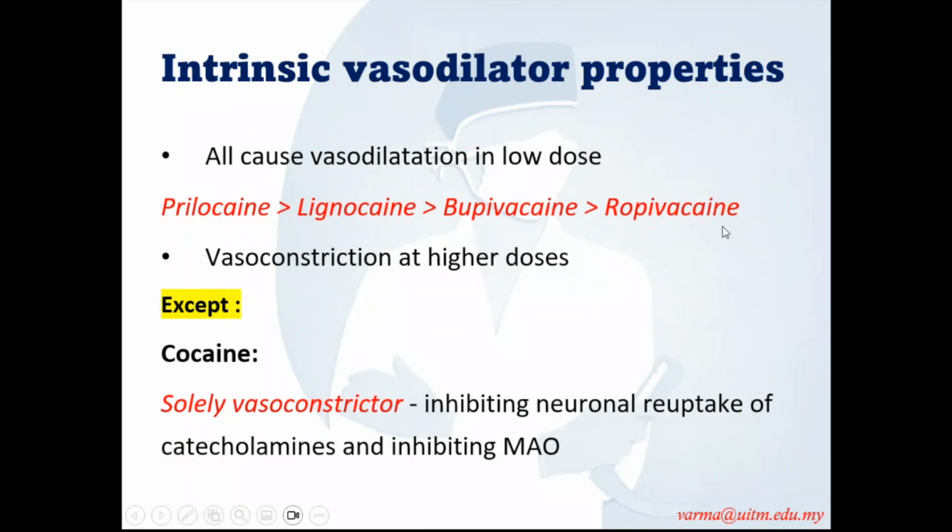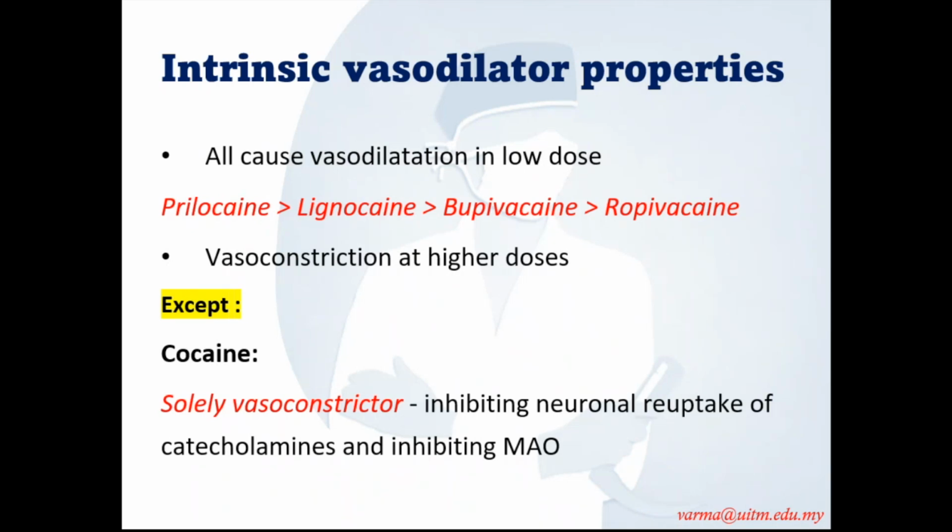It means it causes the least vasodilatation. In other words, ropivacaine is actually more towards vasoconstriction compared to vasodilatation, whereas lignocaine and bupivacaine are more vasodilatory. So it does not need an additional vasoconstrictor to help it stay in that region.